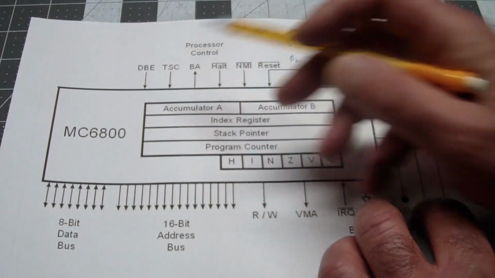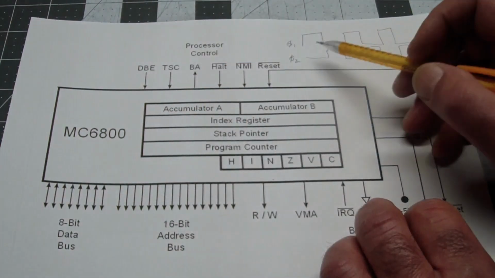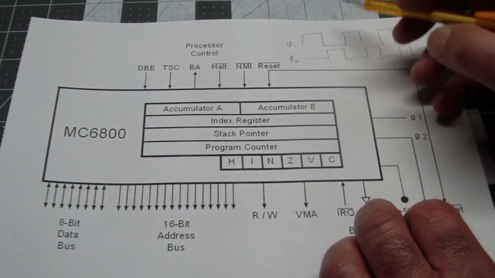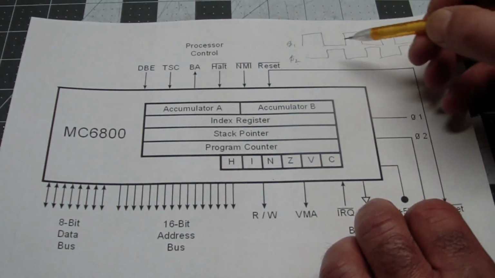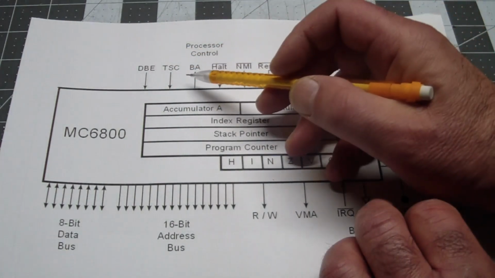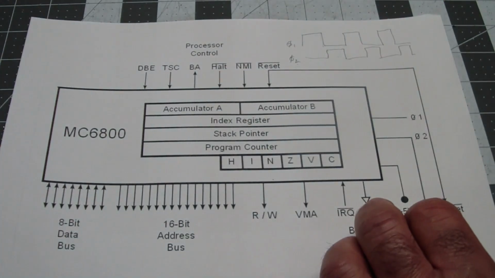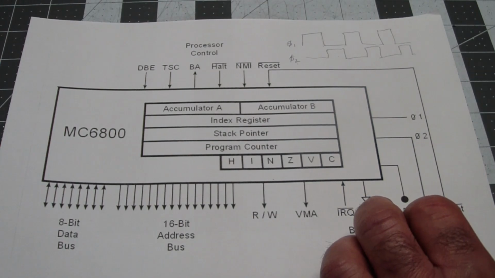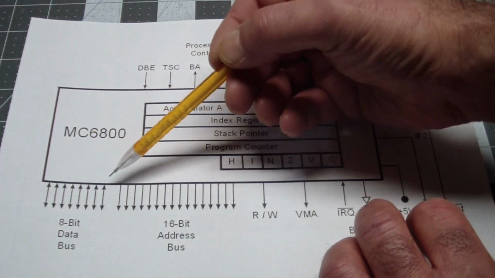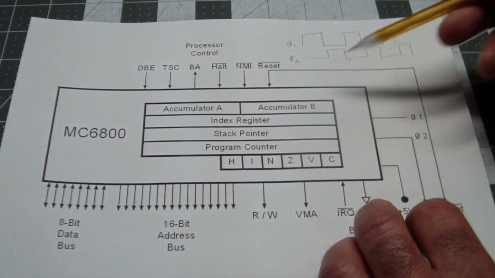We have the DBE signal, data bus enable, an active high input, and under normal circumstances, DBE is tied to phase 2. So basically when phase 2 goes high, the data bus gets enabled. Then there's also TSC, Tri-State Control, which lets you play games with the state of the data bus and the address bus.